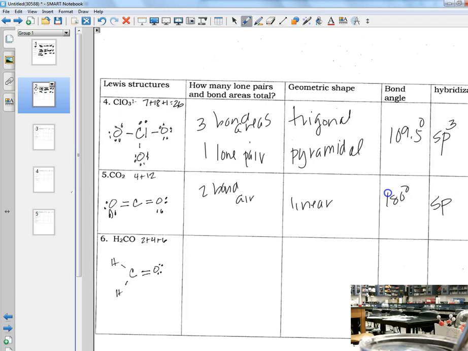Sorry, I thought I was ready, but I wasn't. A carbon in the middle, 2 hydrogens, and double bonded to an oxygen. Okay, we end up with 3 bond areas. No lone pairs.